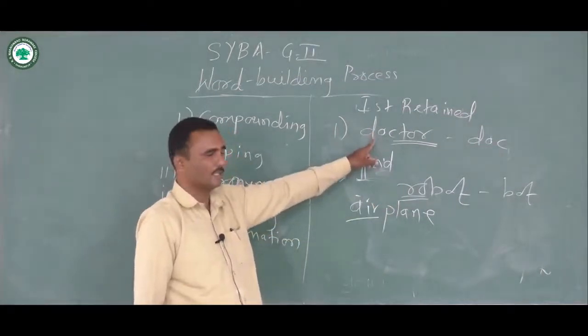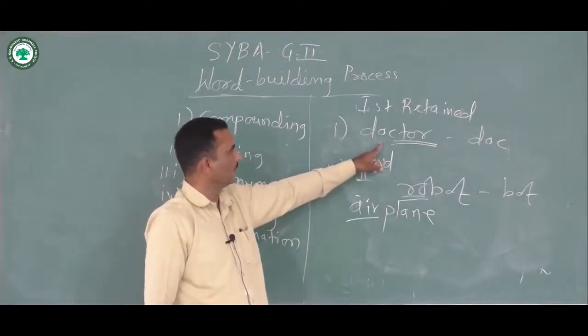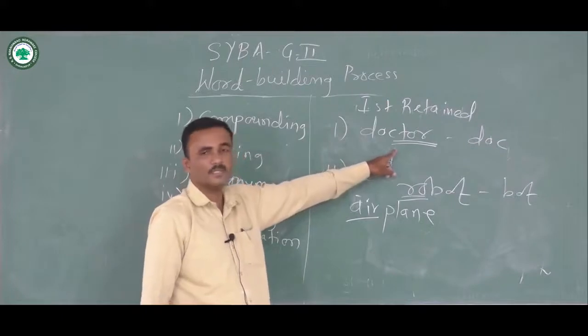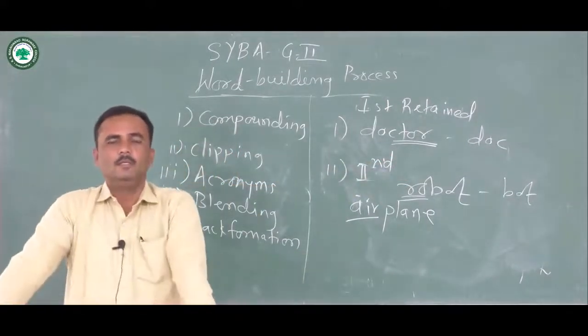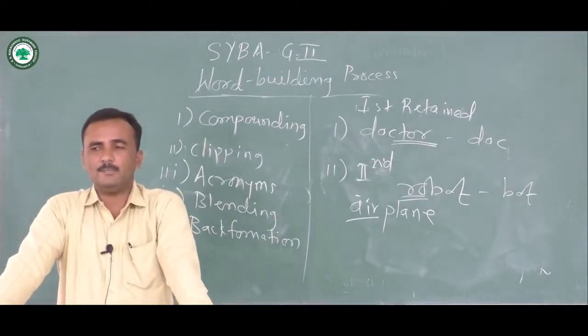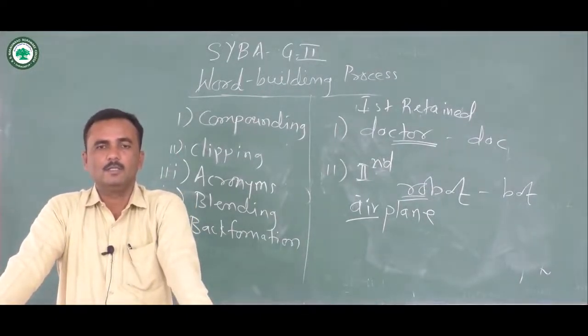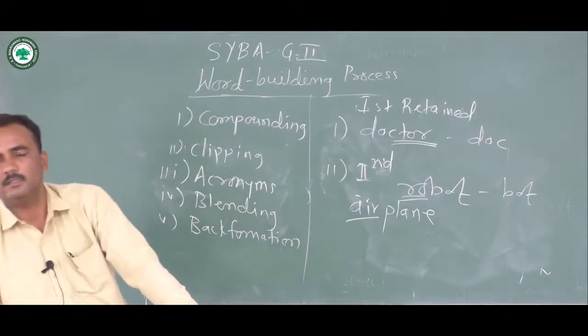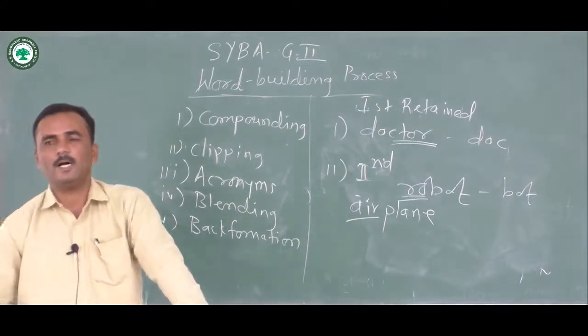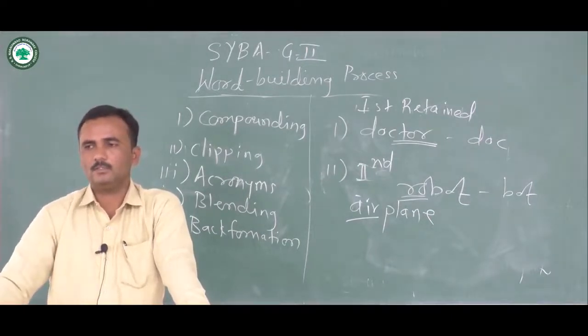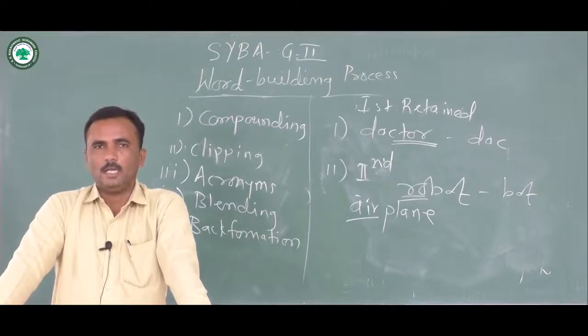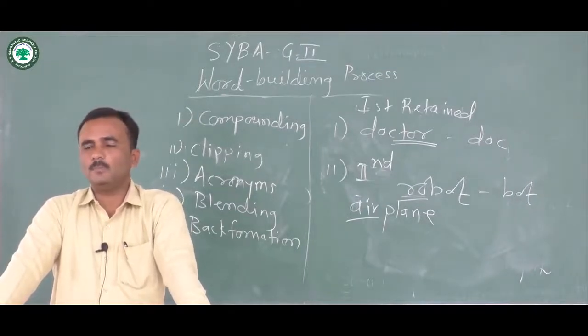In the first instance you can see the first part of the word is retained and the second part is clipped. Sometimes clipping takes place at both ends. The first part of the word is clipped and the end part of the word is also clipped, and the middle part of the word is retained.